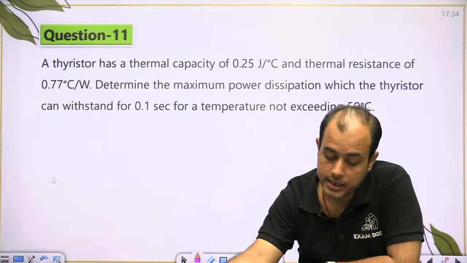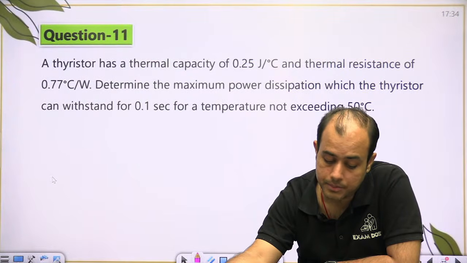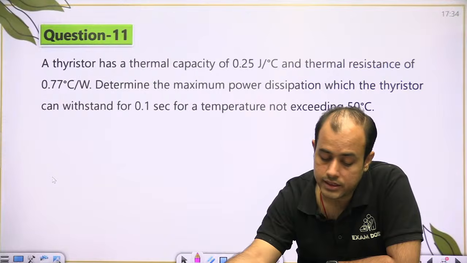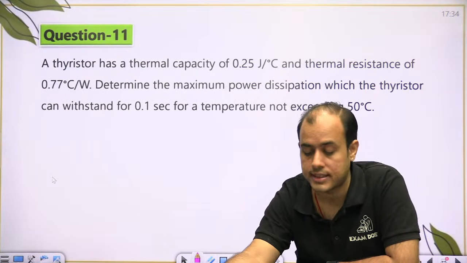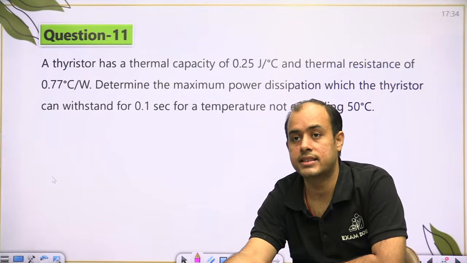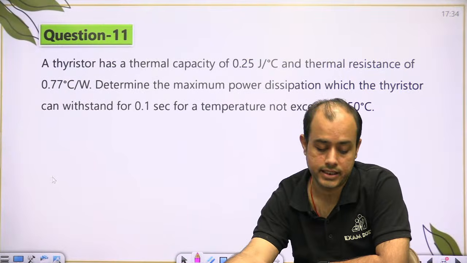Thyristor has a thermal capacity, thermal resistance, maximum power dissipation. It can withstand for 1.1 second temperature not exceeding 50 degree centigrade.